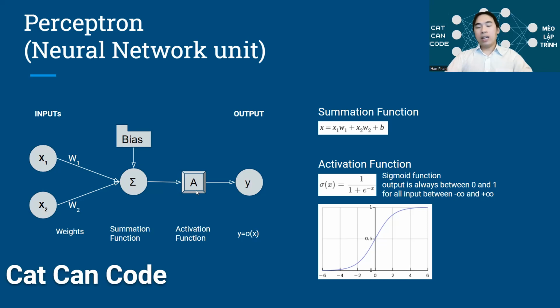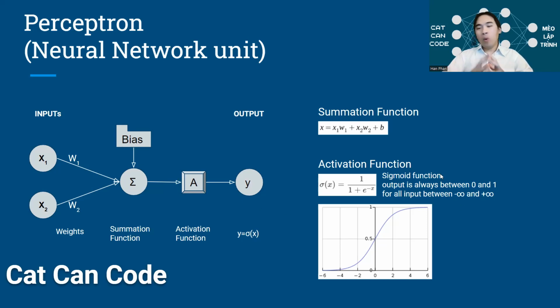Okay, so once you have calculated the sum of the inputs and the bias, you can let it go through an activation function. There are many different activation functions, and I will probably need to make another video on the pros and cons of each of them. But for the purpose of this introductory video, I'm going to use a very classic, very popular and very practical activation function called the sigmoid function.